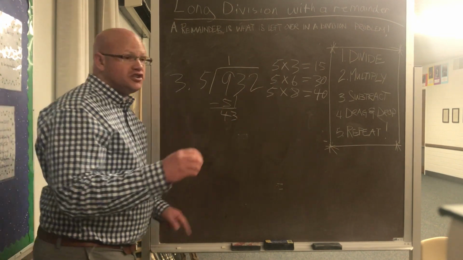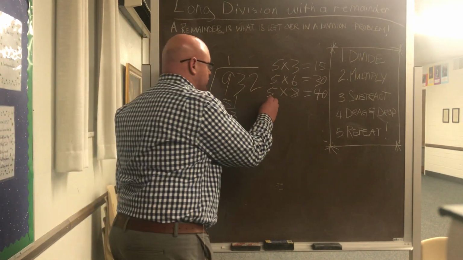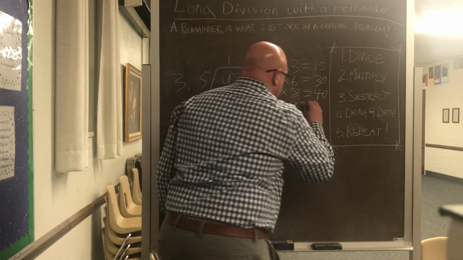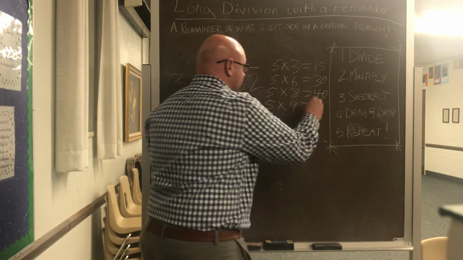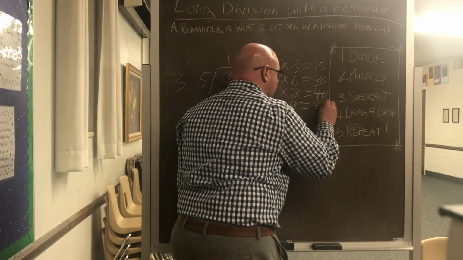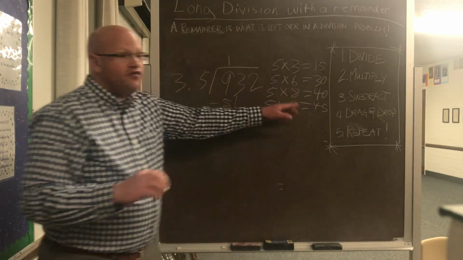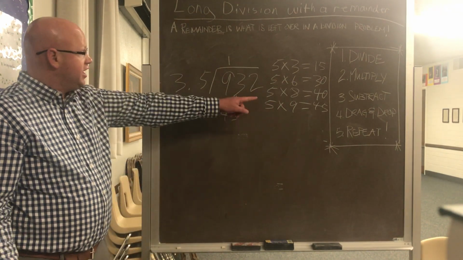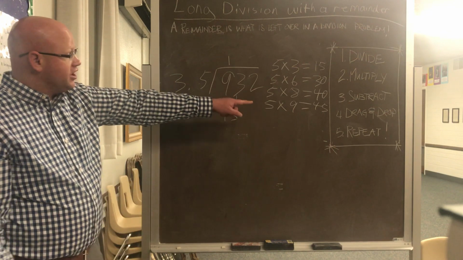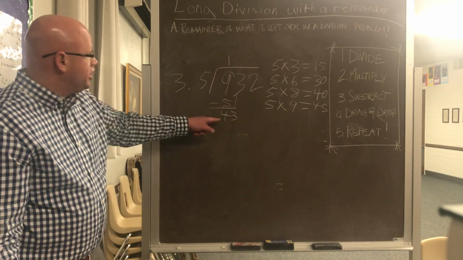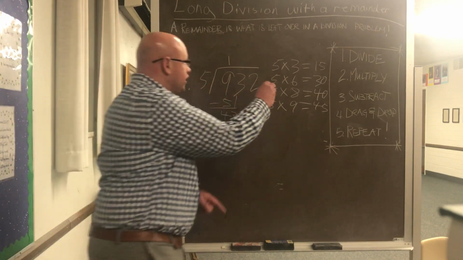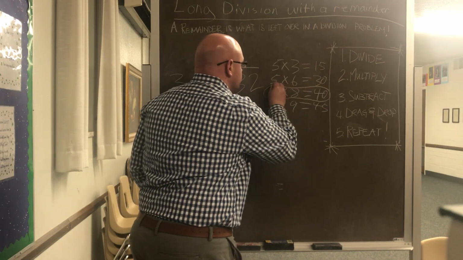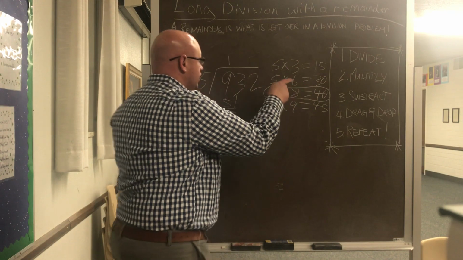And just to make it interesting, or to experiment here, let's try 5 times 9. 5 times 9 equals 45. So 45, will that work, class? No, that won't work because, what's the reason? Because 45 is bigger than 43. So we're going to have to go with this one, 5 times 8, which equals 40.